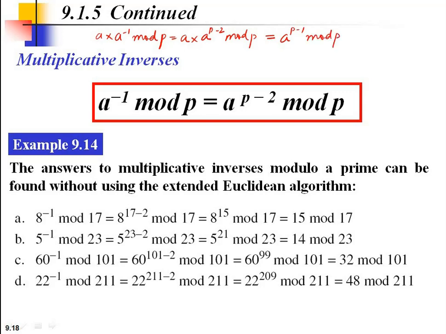Now this is the first version of Fermat's theorem, so this is equal to 1 mod p. In this manner we can compute the inverses. Let us take an example to calculate the multiplicative inverse of these numbers. By using Fermat's theorem, we can replace the extended Euclidean algorithm to calculate the inverse of 8 inverse mod 17, 5 inverse mod 23 and so on.